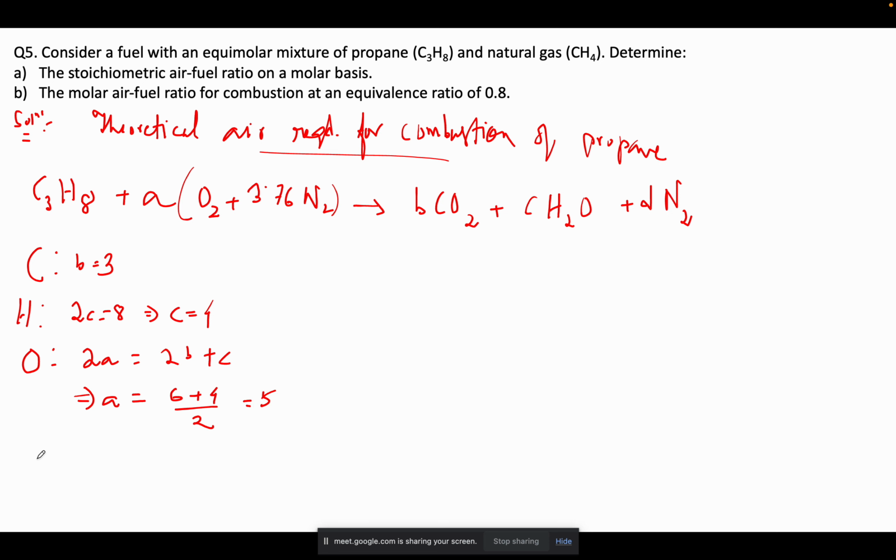And for nitrogen you will get A into 3.76 is equal to D, which implies D is equal to 18.8.